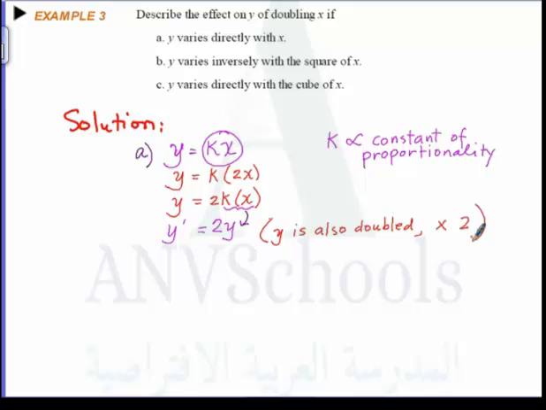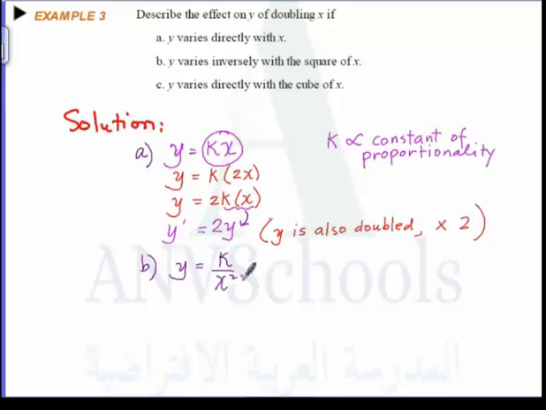Okay? Letter B. y varies inversely with the square of x, meaning we have y equal to k over x squared.